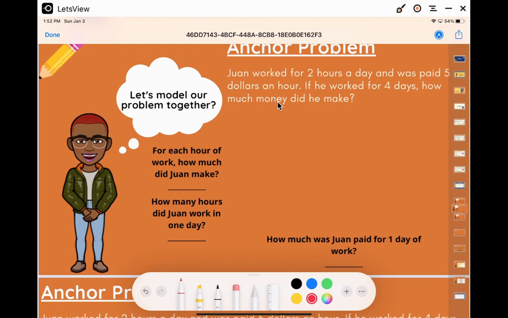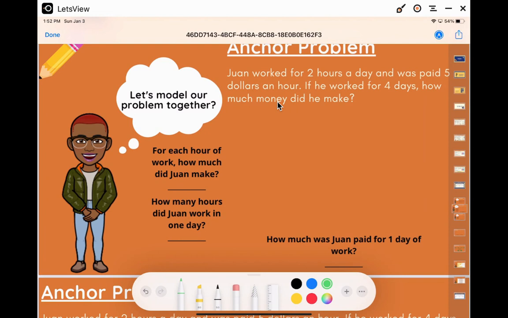So let's start by thinking about how much money Juan would make in 1 day. For each hour of work, how much did Juan make? For every hour, he made $5. So I am going to model Juan making $5.